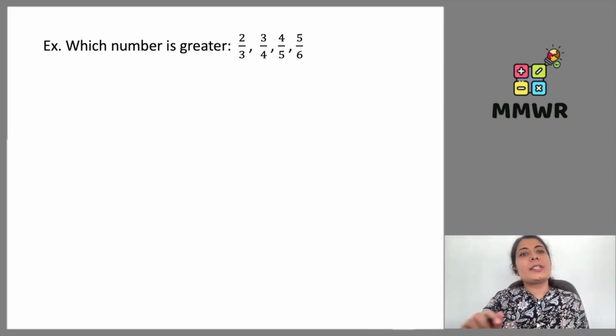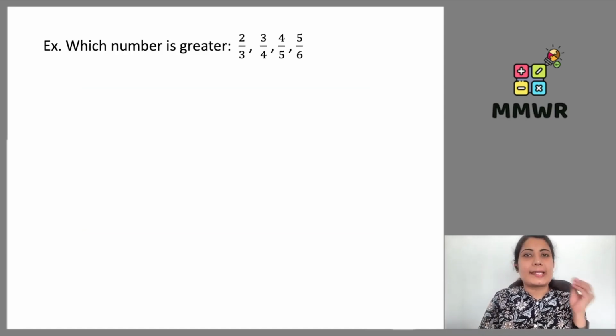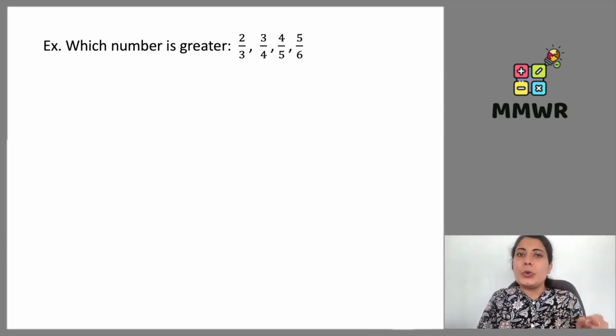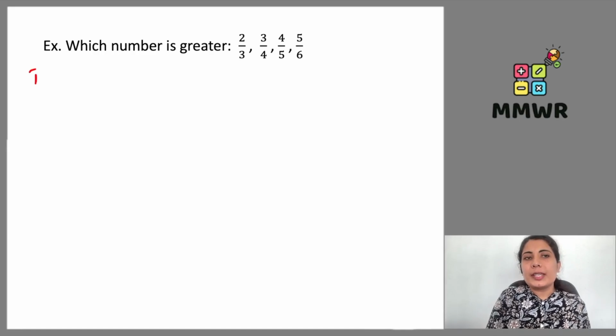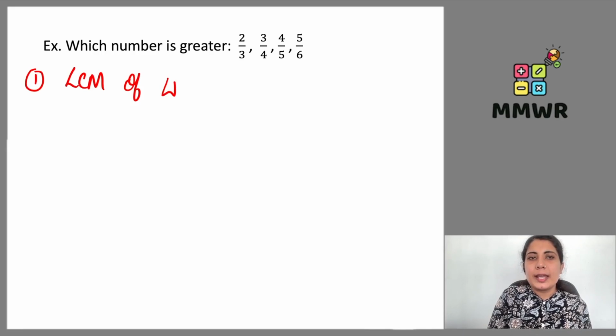So, denominator same. Look, the example here we have: which number is greater? 2 upon 3, 3 upon 4, 4 upon 5, 5 upon 6. These four fractions are given. So the first thing is we can take the LCM of the denominators, and then we can make it same.